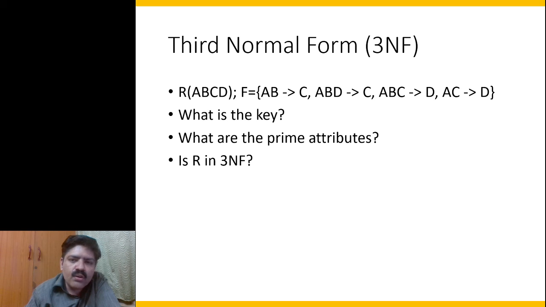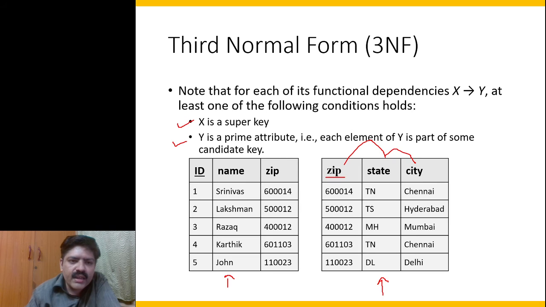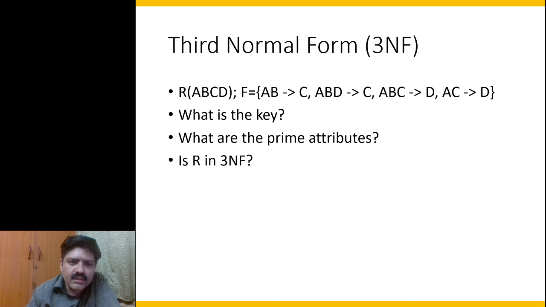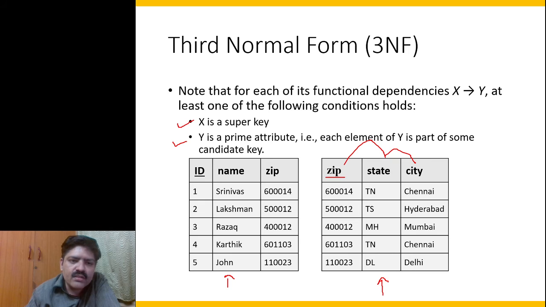So let's first work out what is the key, and once we have the candidate keys, then we know the prime attributes. And once we know the prime attributes, we can apply this rule for every functional dependency. So for every functional dependency, we check whether X is a super key or Y is a prime attribute.